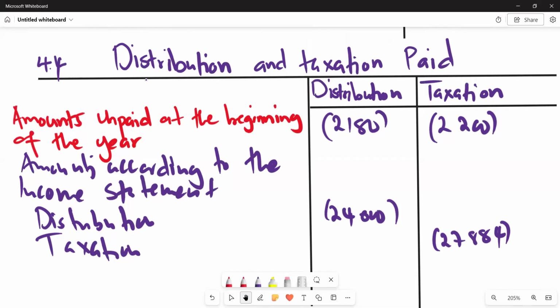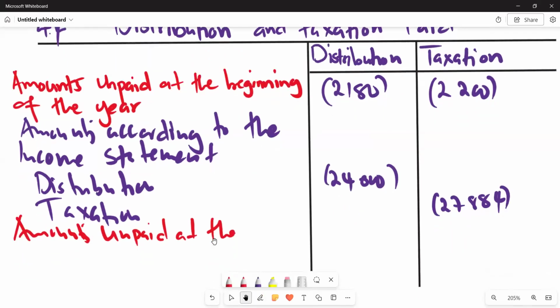We are now going to adjust for amounts unpaid at the end of the year.